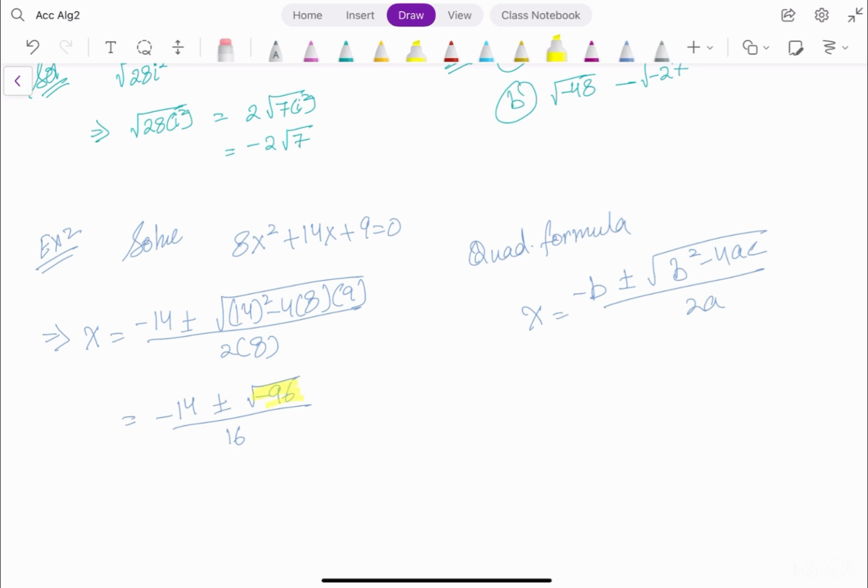So when we have a negative, I can convert it into i, because radical of negative 1 is nothing but i. Now I can simplify it further. If you factor out 96, you will get 3 and 32. So I can separate them.